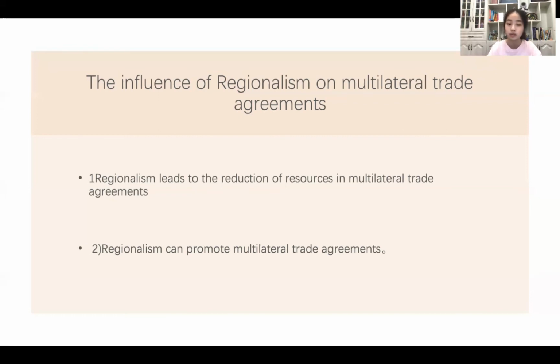The next view is that regional trade agreements have promoted the development of the multilateral trading system to some extent. At present, more and more developing countries have signed regional trade agreements with developed countries to solve the time inconsistency in multilateral negotiations.